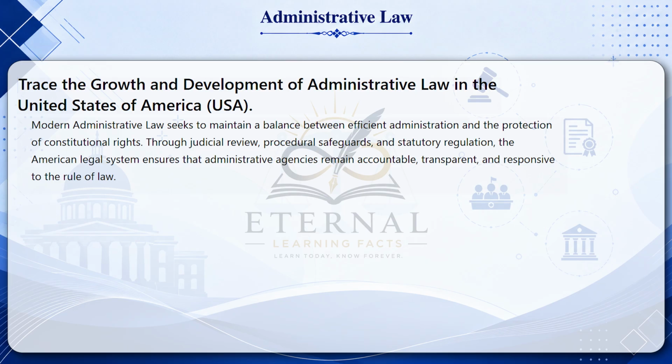Modern administrative law seeks to maintain a balance between efficient administration and the protection of constitutional rights through judicial review, procedural safeguards, and statutory regulation. The American legal system ensures that administrative agencies remain accountable, transparent, and responsive to the rule of law.